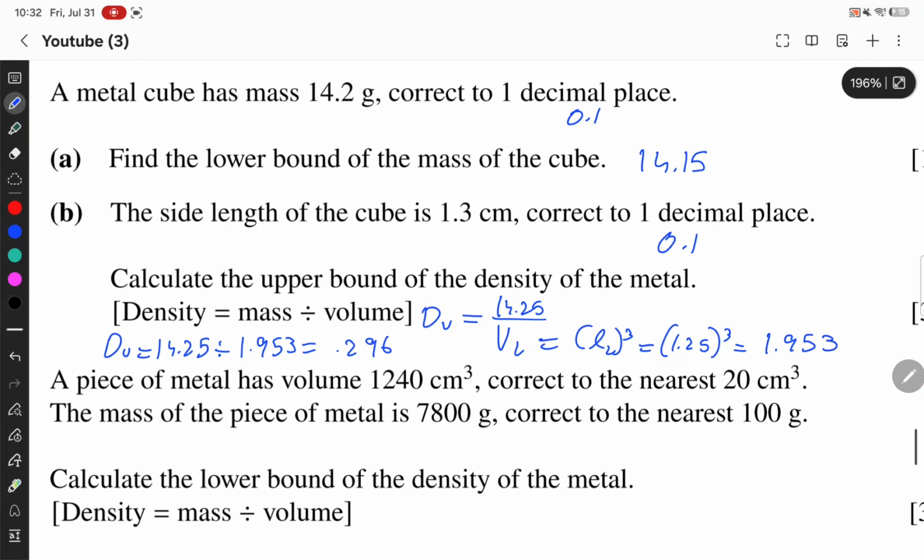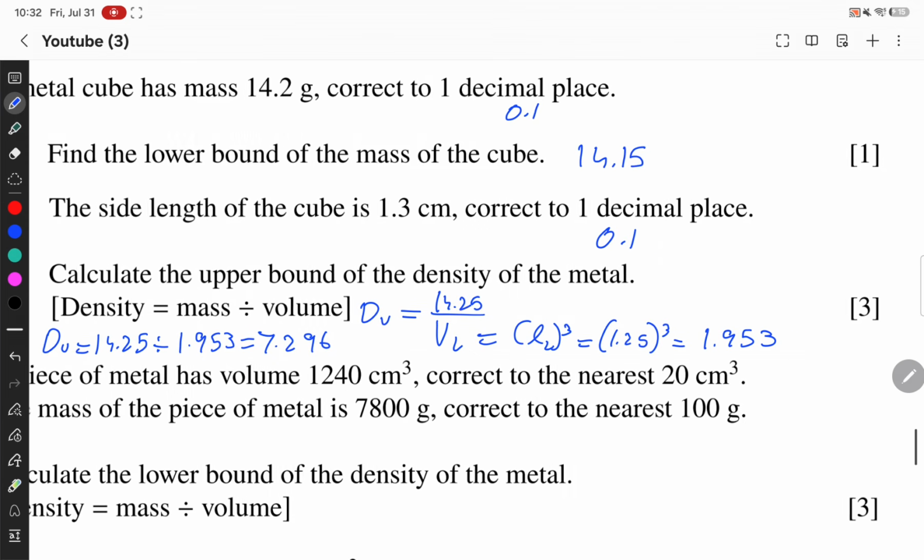Now in upper bound and lower bound, not rounding your answer is actually better. Yes, you should not round your answer. I use 3 decimal places. It's okay, just leave it in 3 decimal places. What's wrong with that? We do not have to round our answer in limits of accuracy.